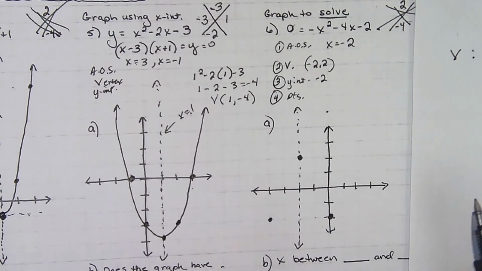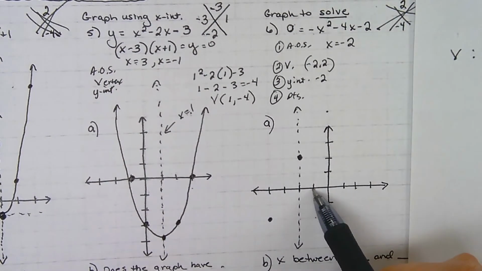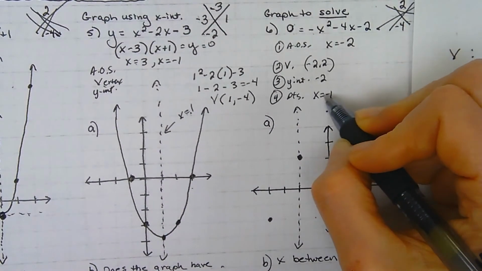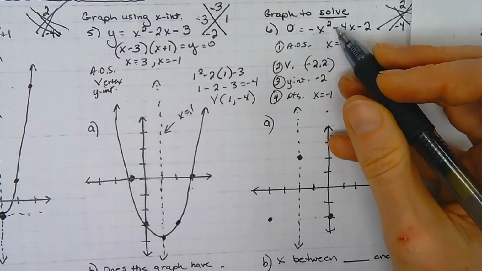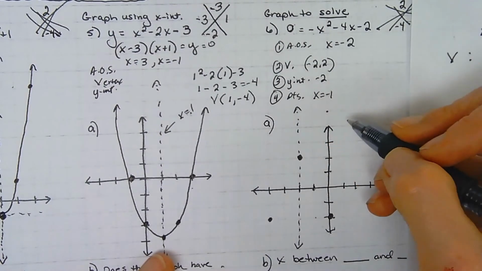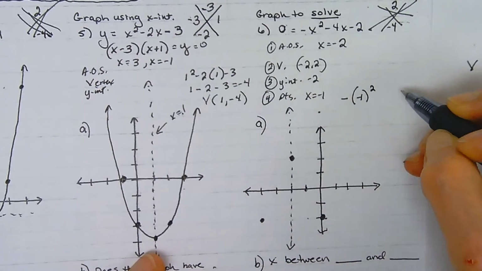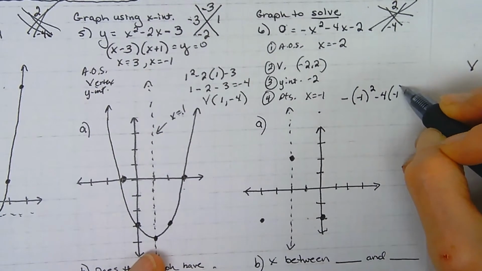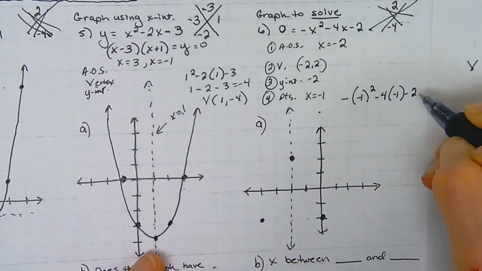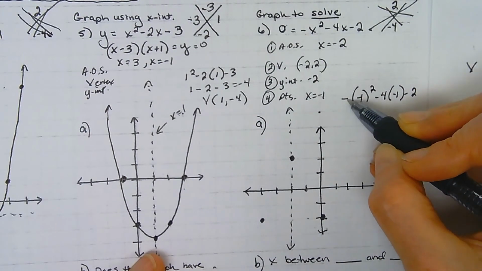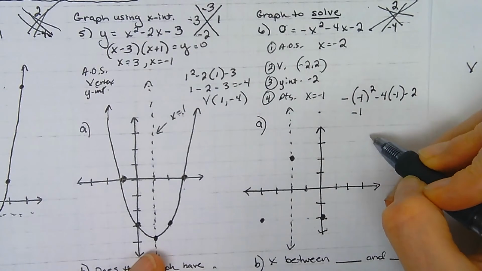So I'm going to choose negative 1. If we make x equal to negative 1 and put that into the function, we'll get another point. So the opposite of negative 1 squared minus 4 times negative 1 minus 2. Well, negative 1 squared is 1, and the opposite of that is negative 1.